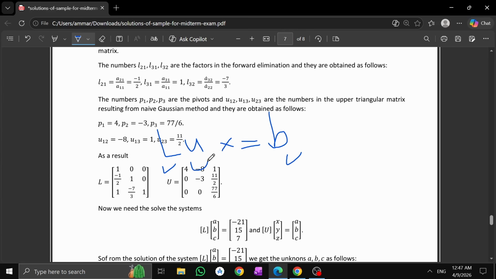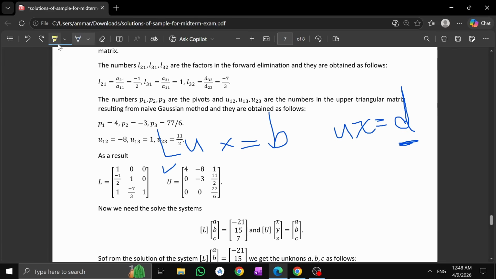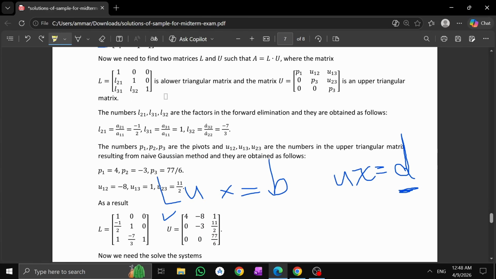Let's take the U and X and say they are equal to D, because when you multiply any two matrices, it gives you a new matrix. So if we multiply U and X, it's definitely going to give us a new matrix. Let's call this matrix D.